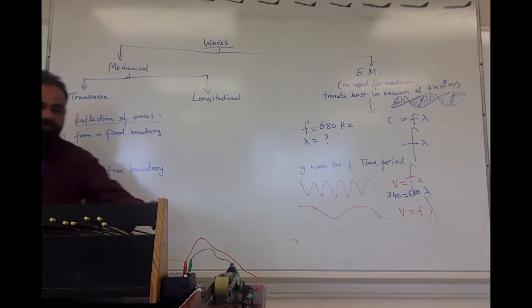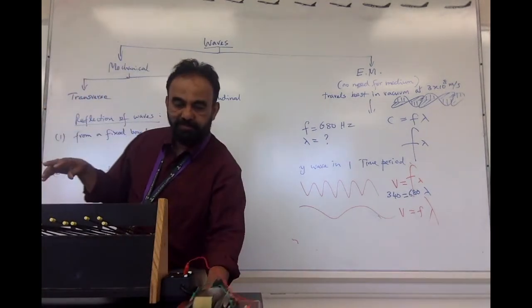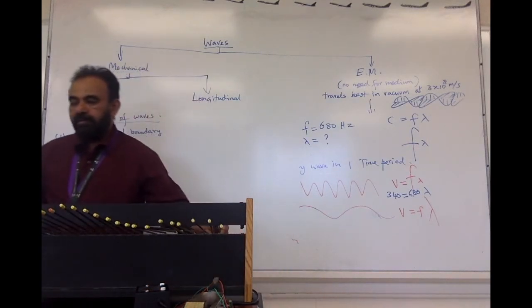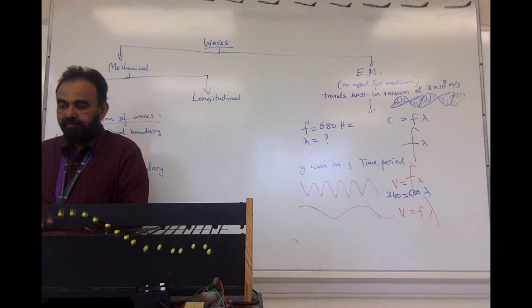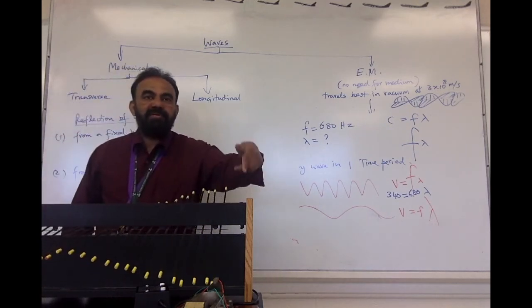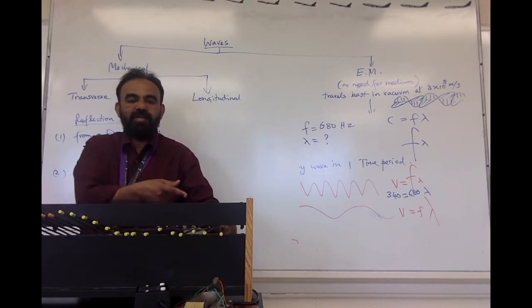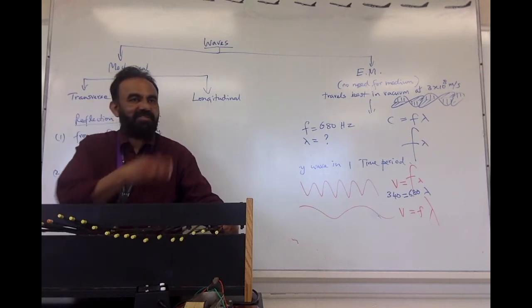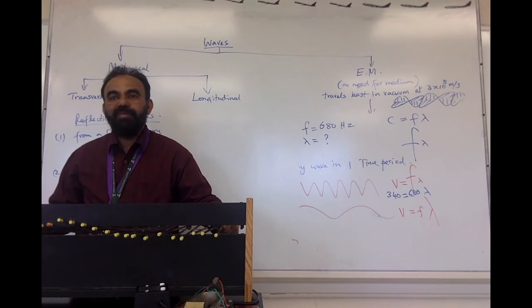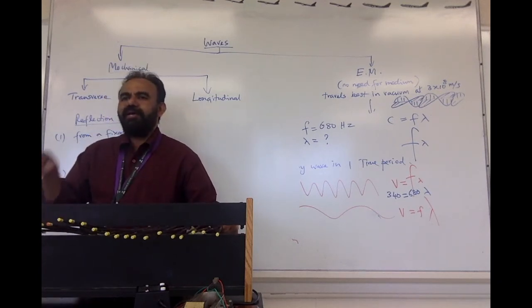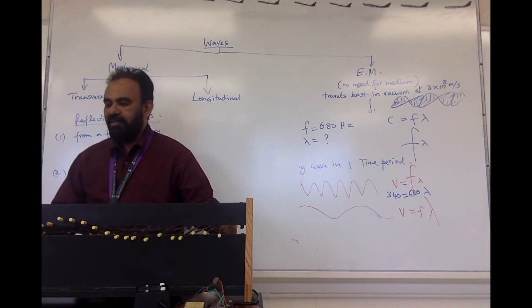Okay, here we go. I'm demonstrating that thing here. To make a boundary fixed, I'm holding it. I'm just holding this side. So that makes it fixed. What will happen to the wave as it goes and hits the fixed boundary? It will bounce back, but just see what's going on, okay? So watch this.